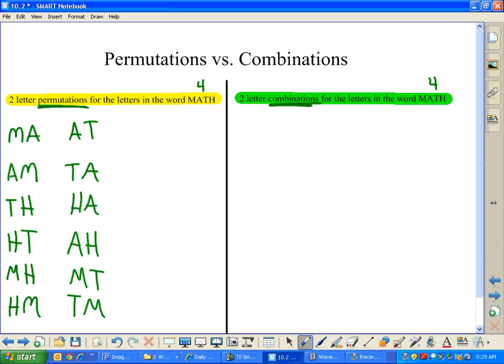And let's see here, how many do I have? 4, 6, 8, 10, 12. I'm going to run my nPr formula on this, 4P2, just to check to make sure I did get all of the 2-letter permutations of the 4-letter word MATH. So I have 4 factorial over the quantity 4 minus 2 factorial.